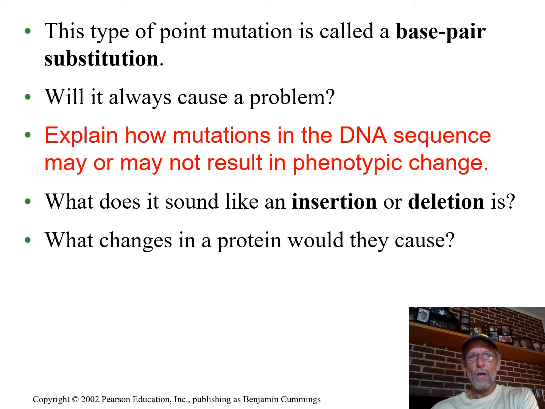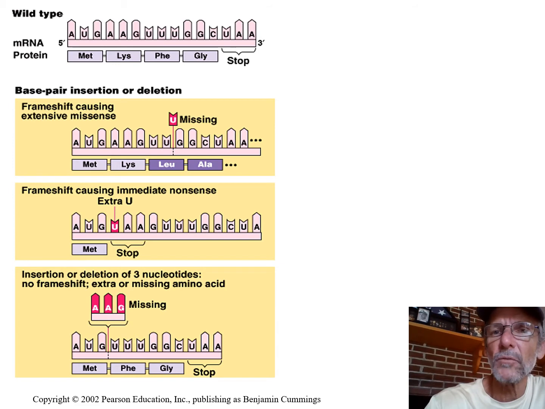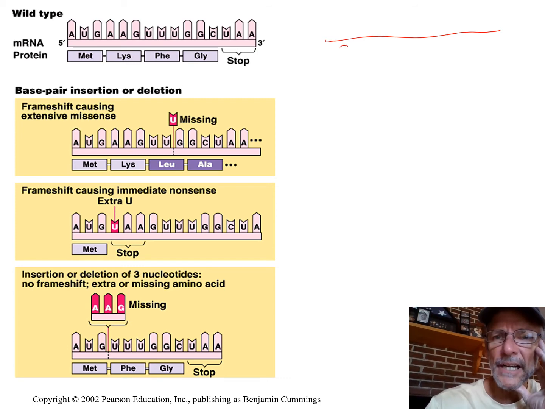So how can mutations not result in change? Well, I think I have a diagram here. Maybe not. I'm going to have to draw over here. Let's say you have DNA that's CCC.